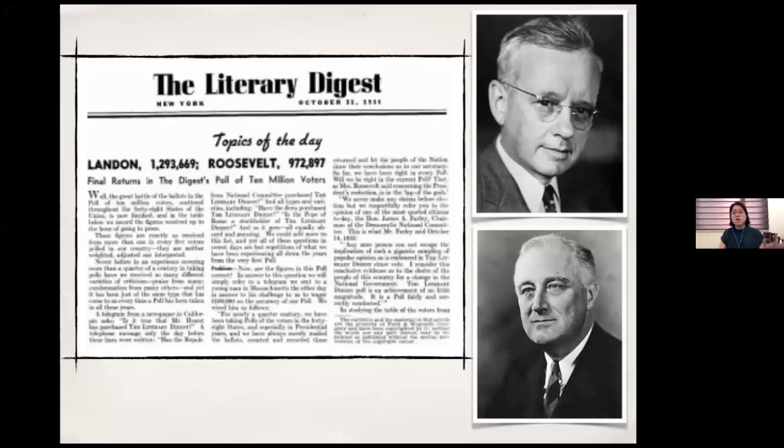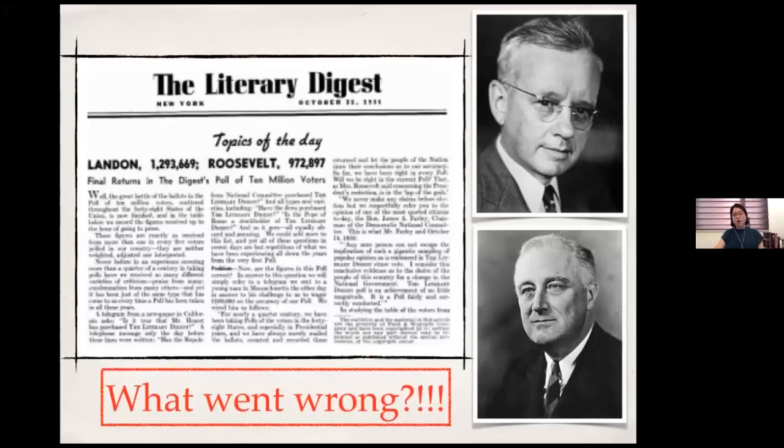However, when the actual elections came, Roosevelt won. Roosevelt became president. Because they made such a big mistake, the magazine ended up closing shop. It collapsed. Nobody believed them anymore. So what went wrong?